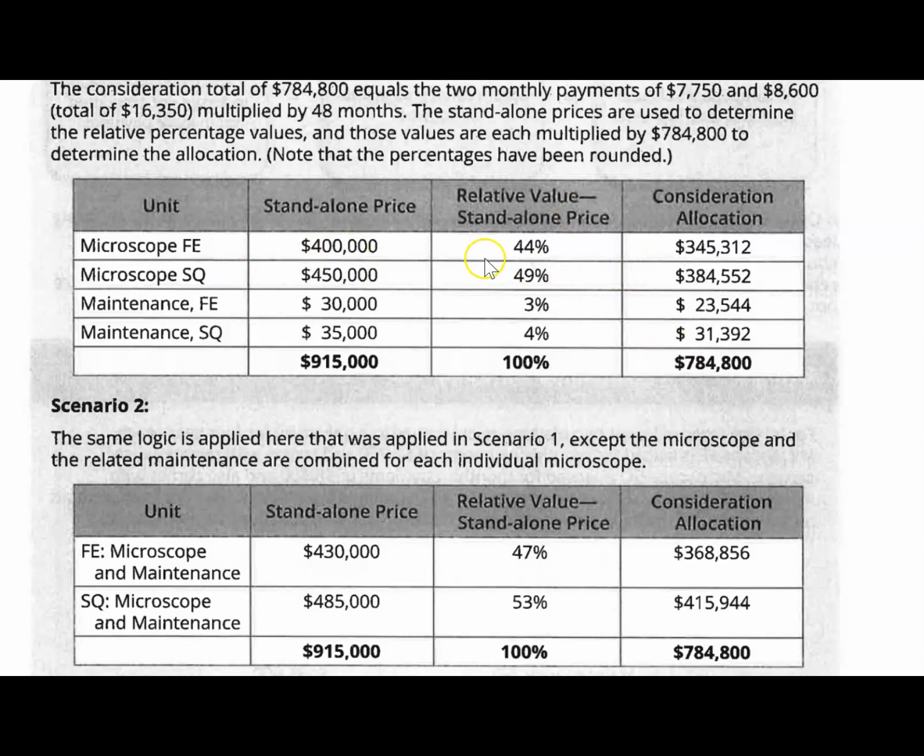For microscope FE, your percentage based on standalone price is 44%. Then you take 44% of the total lease payment, 784,800, which is 345,312. This is how we can calculate the percentage based on the standalone price, and then allocate the total payments. So here we are keeping the assets and maintenance separately.